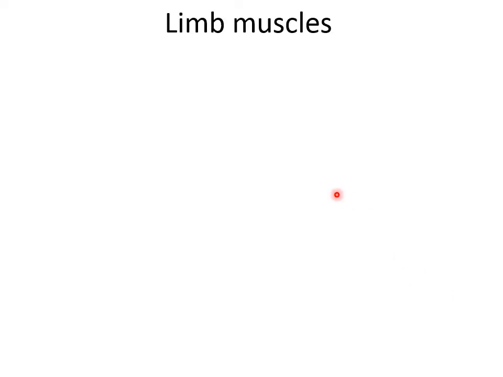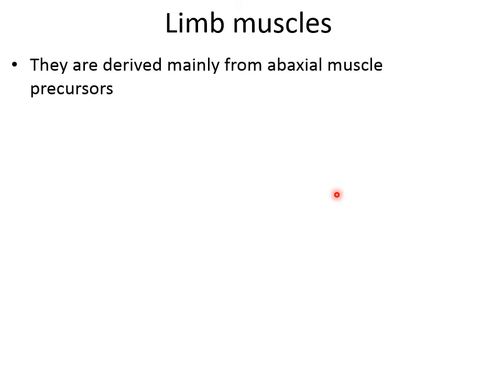Now let's talk about the limb muscles, which are derived mainly from abaxial muscle precursors. As I mentioned, all the lower limb muscles and the distal upper limb muscles are derived from the abaxial muscle precursors.